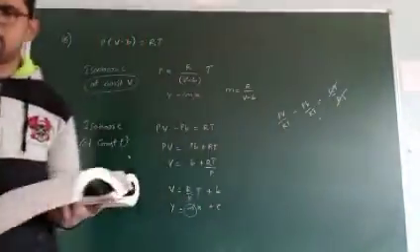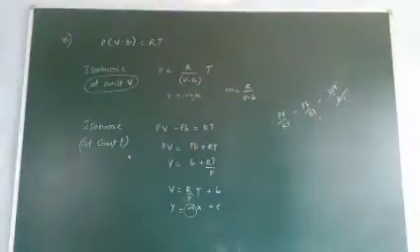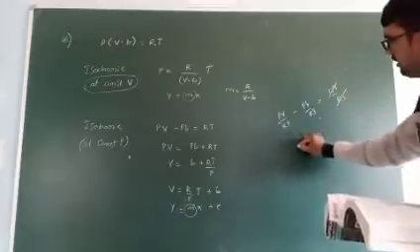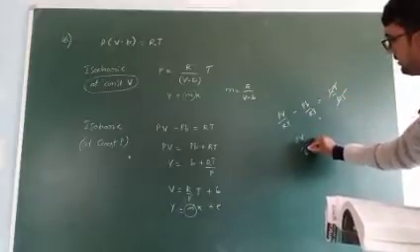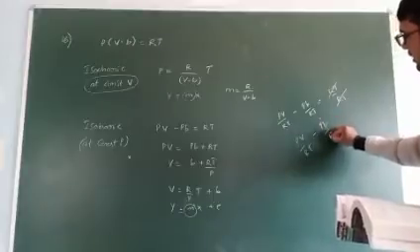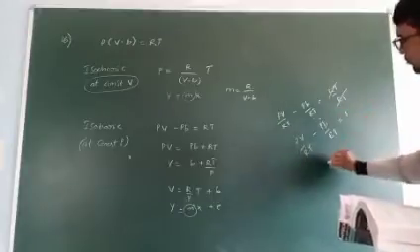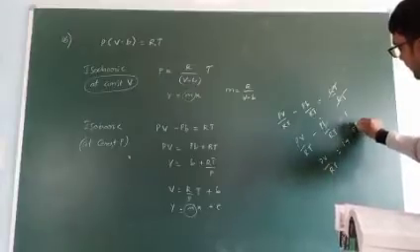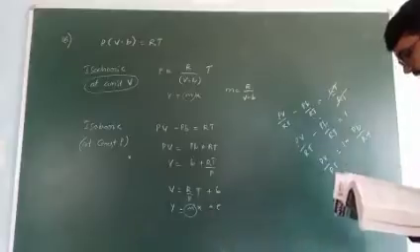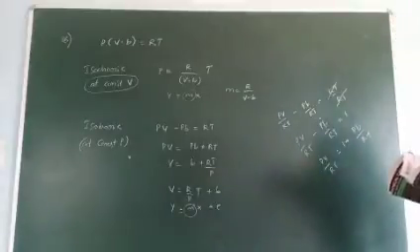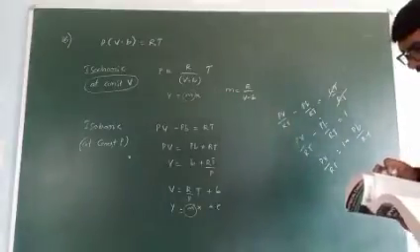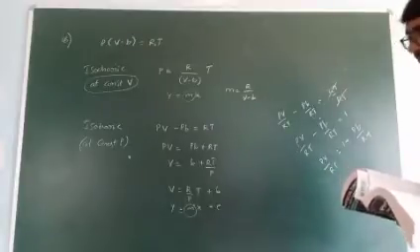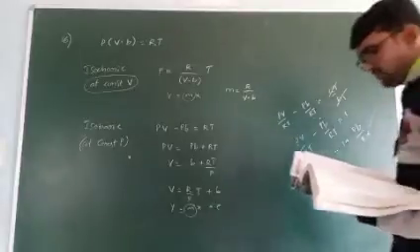Wait a minute. Right. So PV by RT minus PB by RT is equal to 1. This value moves to that side. PV by RT is equal to 1 plus PB by RT. So the given answer is wrong. 1 plus RB by RT is given, but that should be PB, not RB. PB by RT. Correct. This one is also correct.